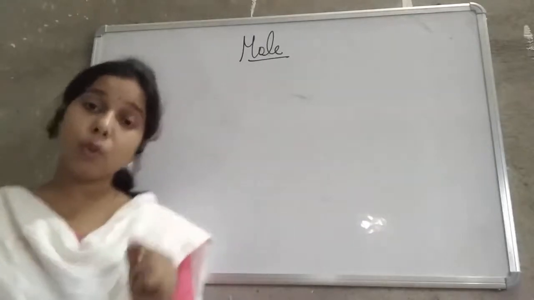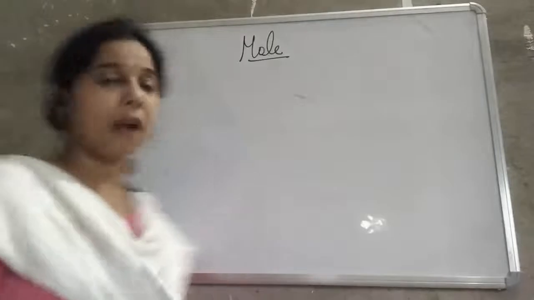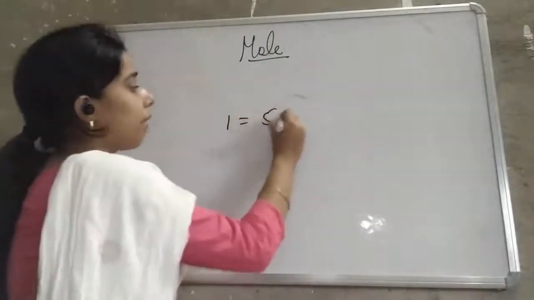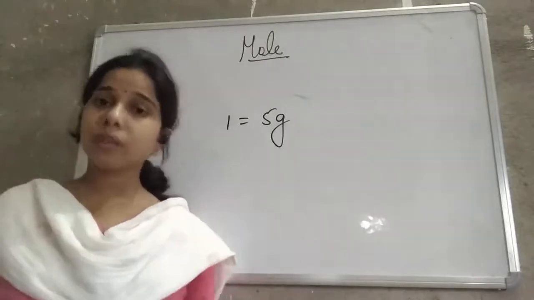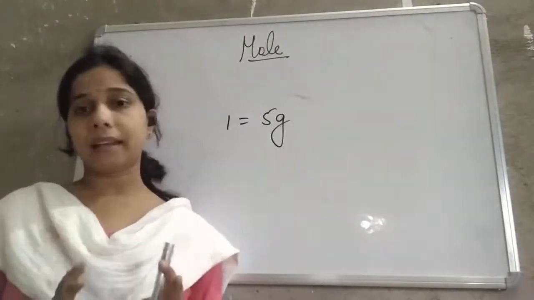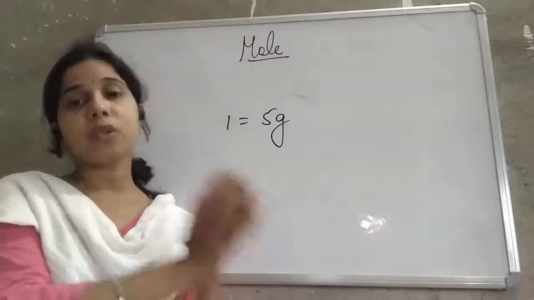Suppose we know the mass of one coin is equal to 5 gram. Then we take all the coins collectively in that container and weigh the total mass.